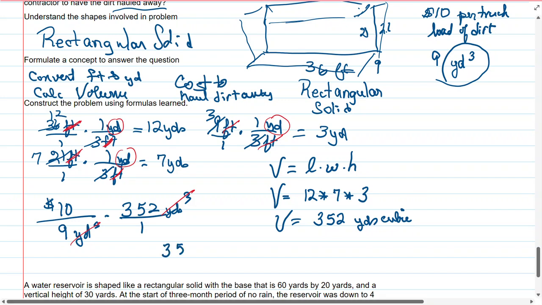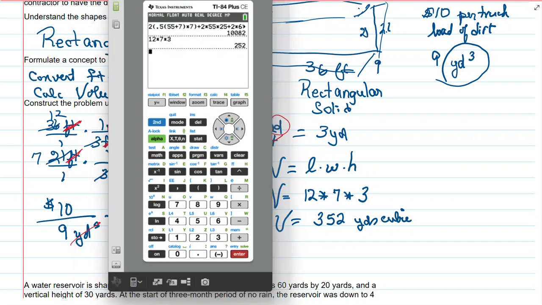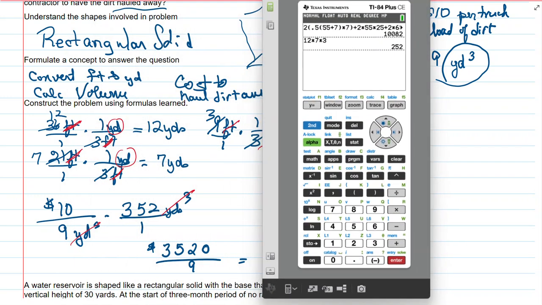And then we need the volume of the height equal 4 yards. And then we're going to subtract them to find the amount, how much water was used in the 3-month period, because it is down to that amount.